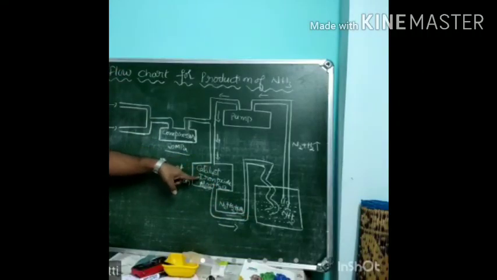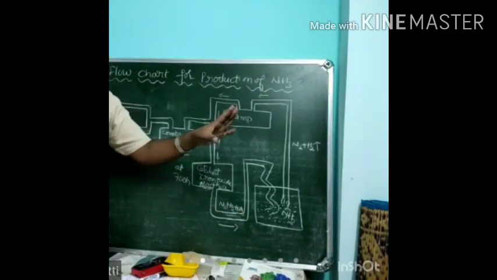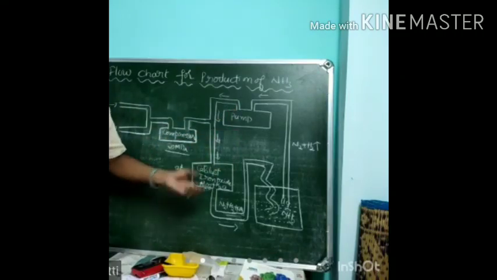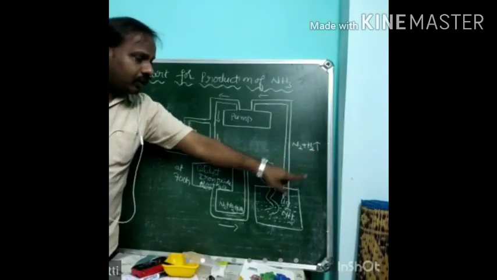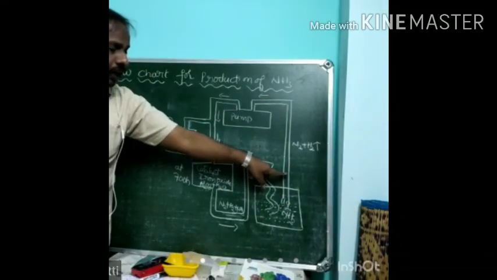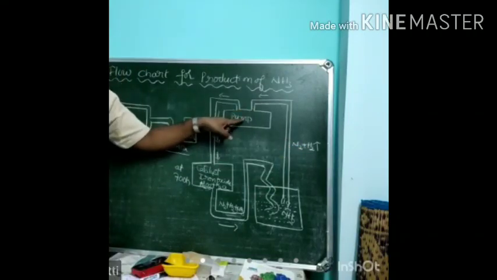Even under these conditions, some of the nitrogen and hydrogen are still present in the gas state, unable to react with one another. The unreacted nitrogen and hydrogen gas escapes and is made to pass into the pump.